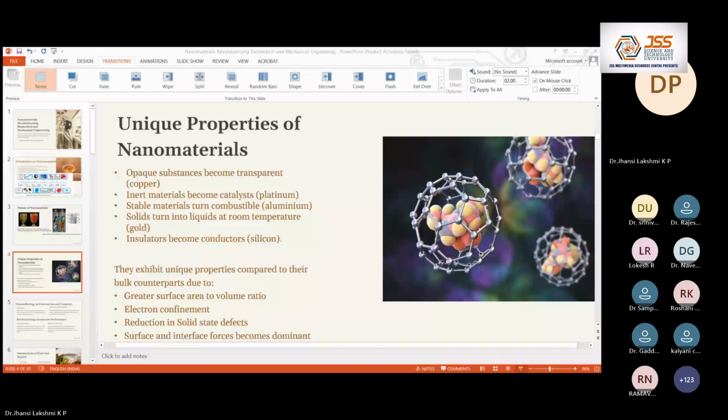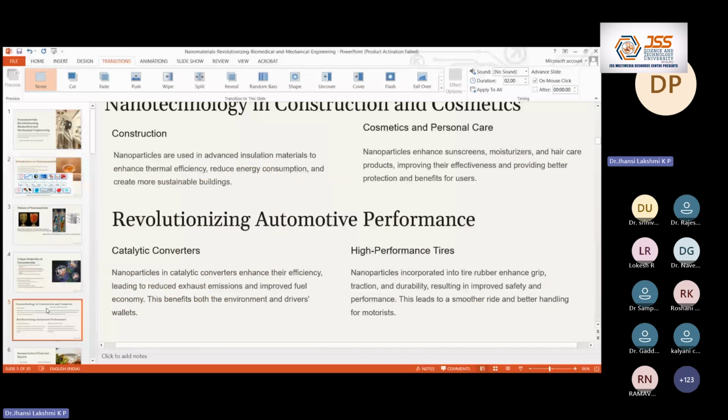Did you change the slide? Yes. The slide is unique properties of nanomaterials. Next slide, nanotechnology in construction and cosmetics. That is not visible. Okay, changing. Whenever I have to change the slide, I'll go to this one and make it a presentation. I'll press F5. Is it okay now?